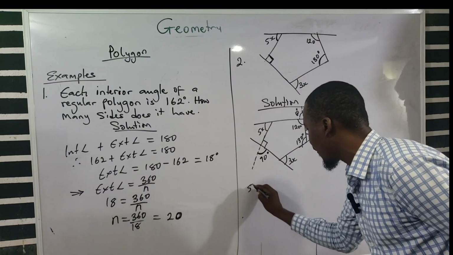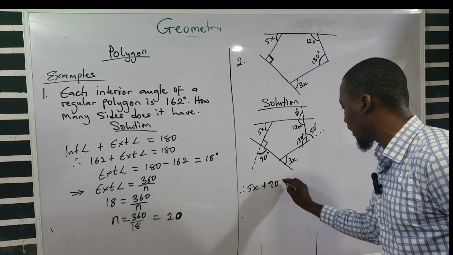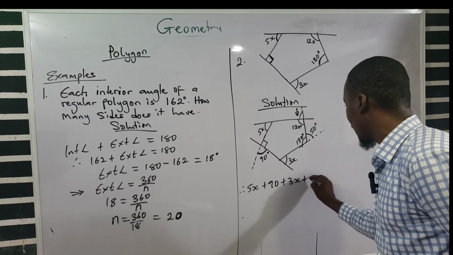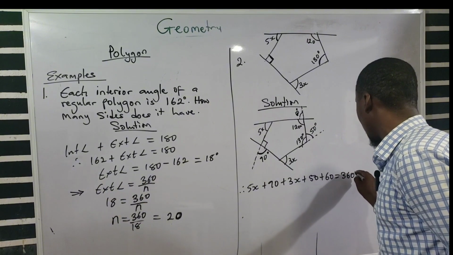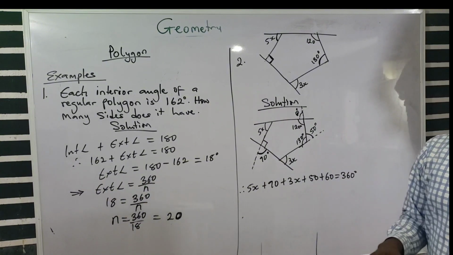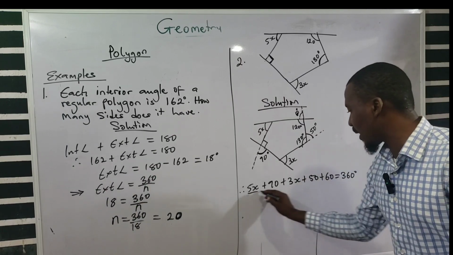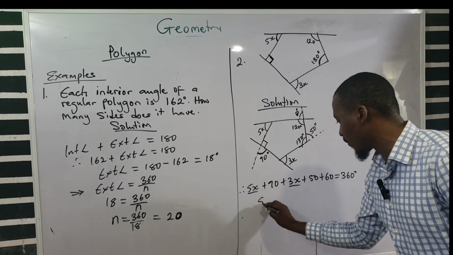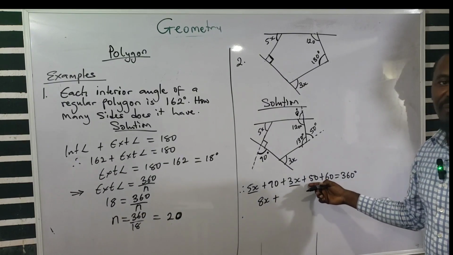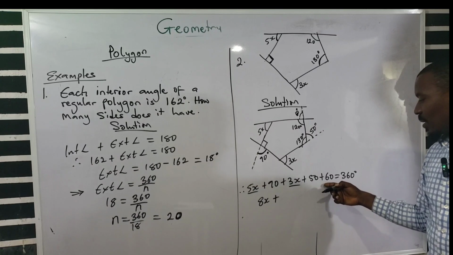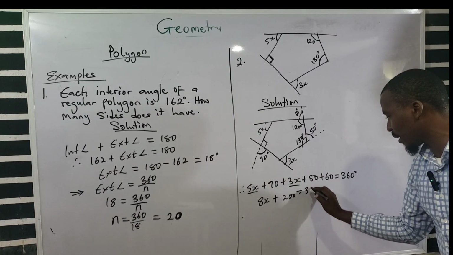So let's do that. 5x plus 90 plus 3x plus 50 plus 60 equals 360 degrees, because the sum of exterior angles will give you what? 360 degrees. Now collect like terms. 5x and 3x will give us 8x, plus 90 plus 50 is 140, 140 plus 60 is 200. So we have 200 here equals 360.